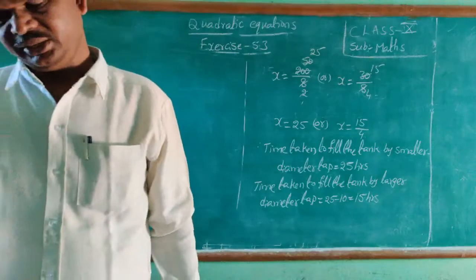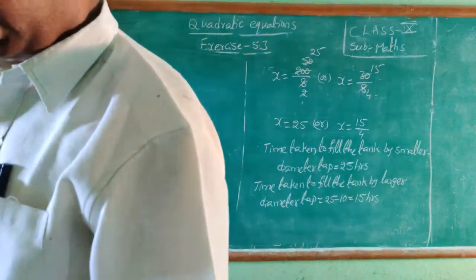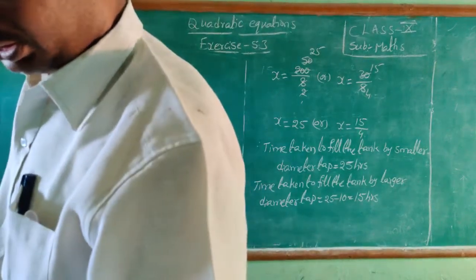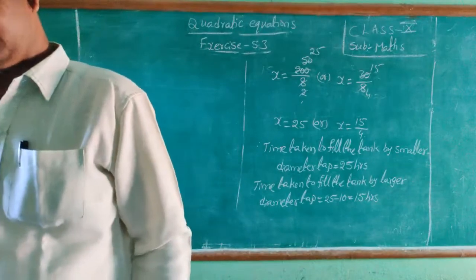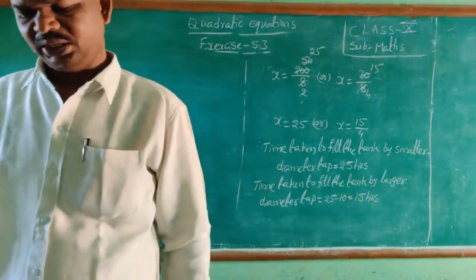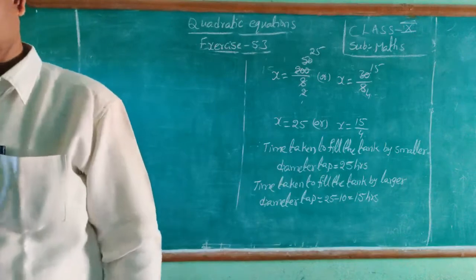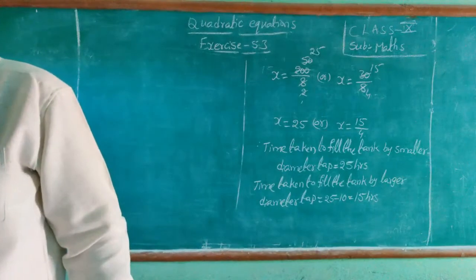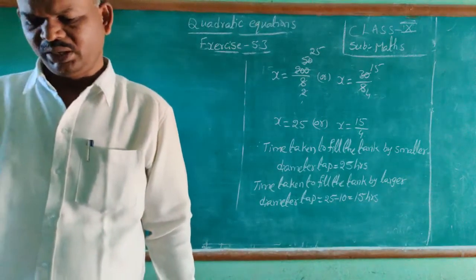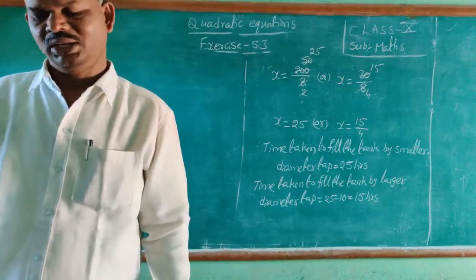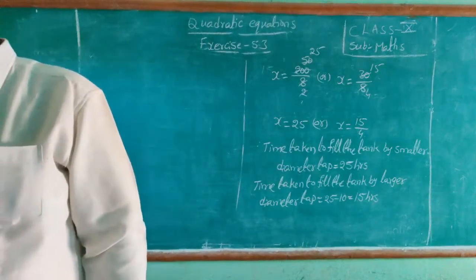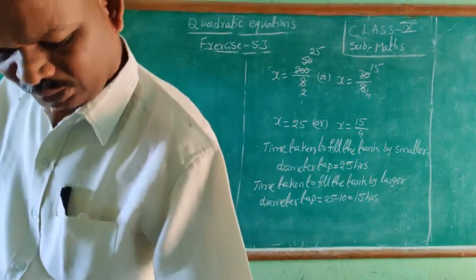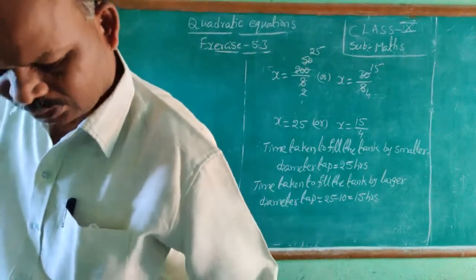An express train takes 1 hour less than a passenger train to travel 132 kilometers between Mysore and Bangalore.